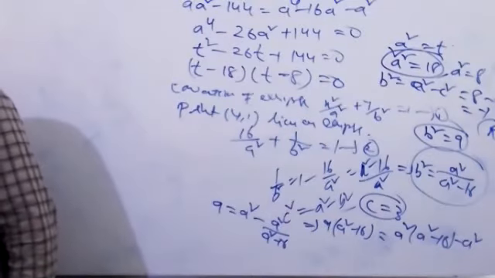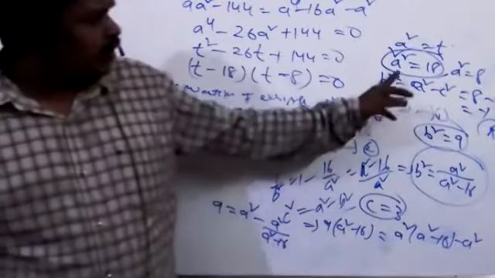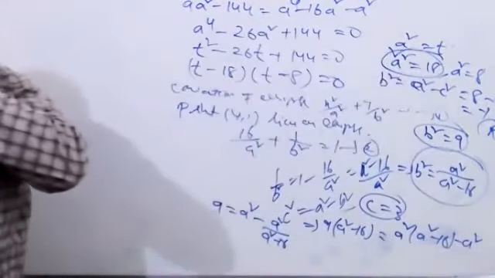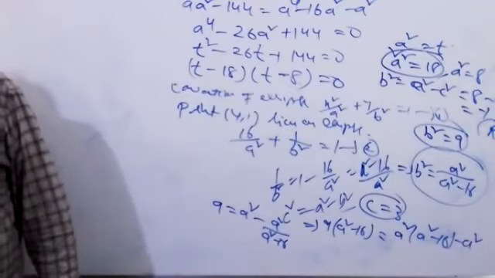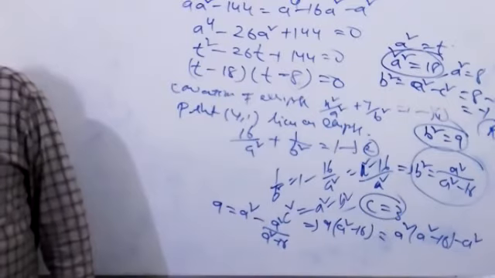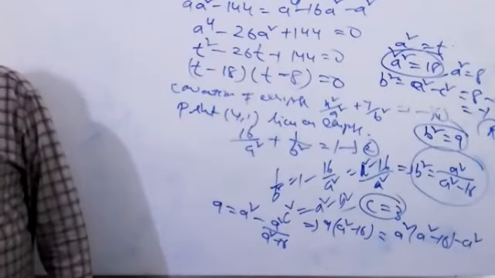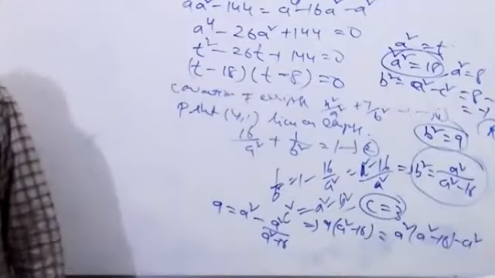So one more thing, why don't we consider 18? A square is equal to 18 is the one we consider. So are you excluding a square equal to 18 or are you considering two cases now? No, only one case is considered. A square is equal to 18.